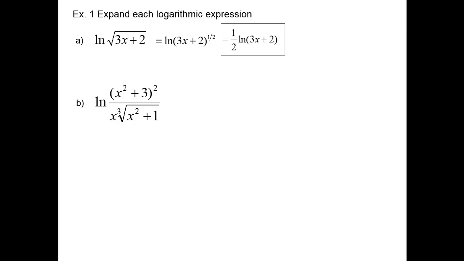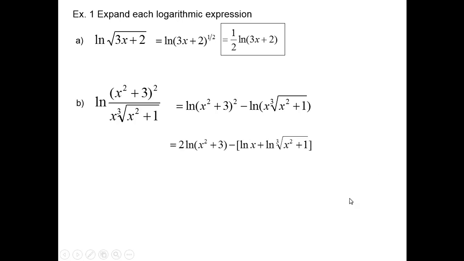So since we're dividing these two expressions, the first thing I would do is change them to subtraction. And the second two expressions here, since those are being multiplied, we can change that to addition. But notice I put brackets around these two terms because that negative is going to have to be distributed.